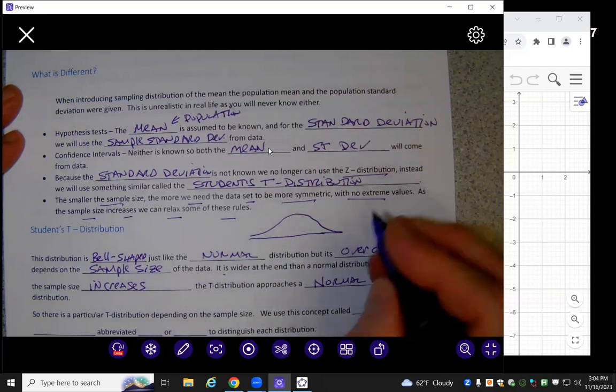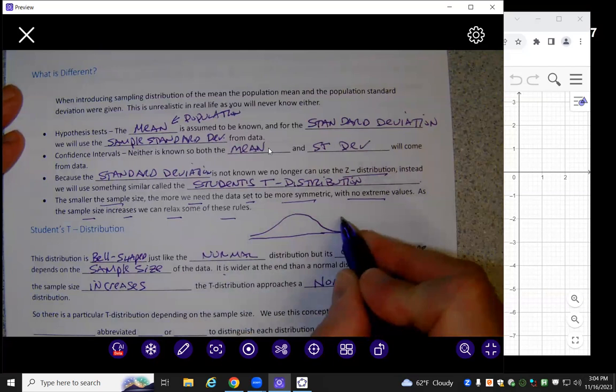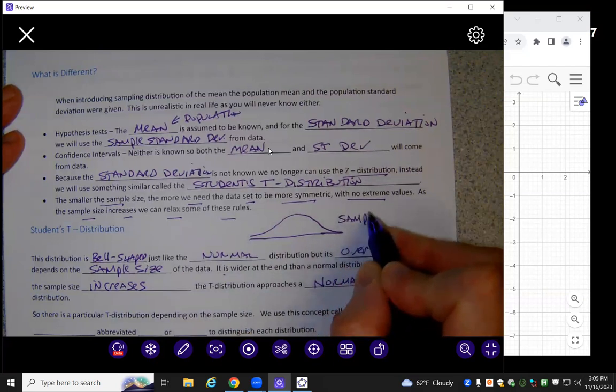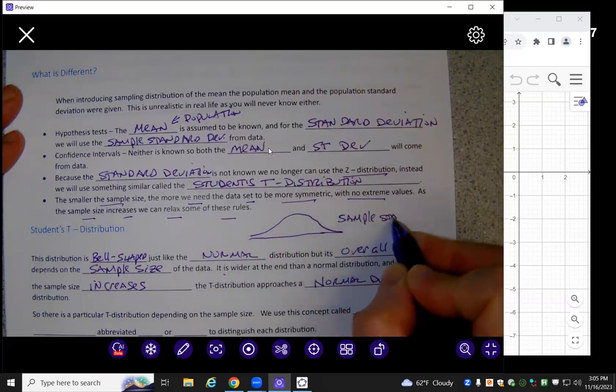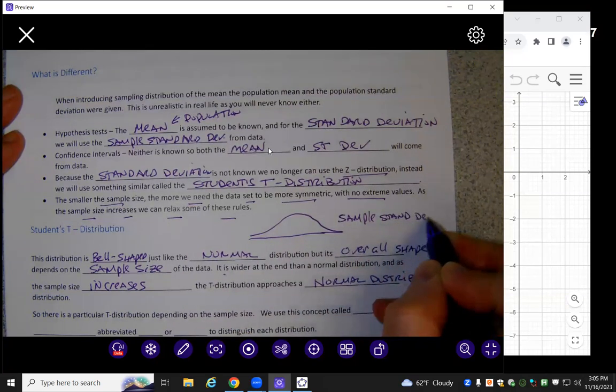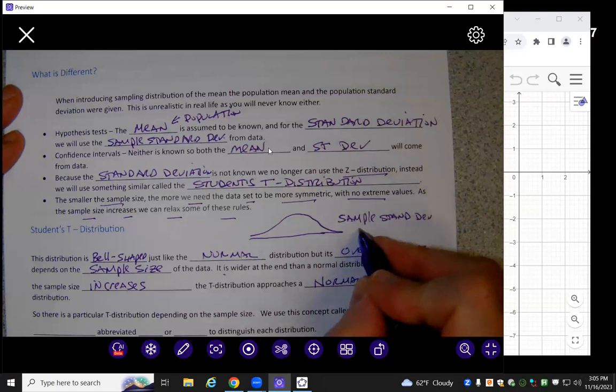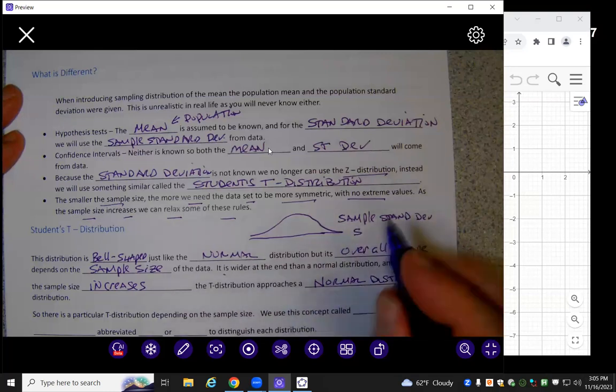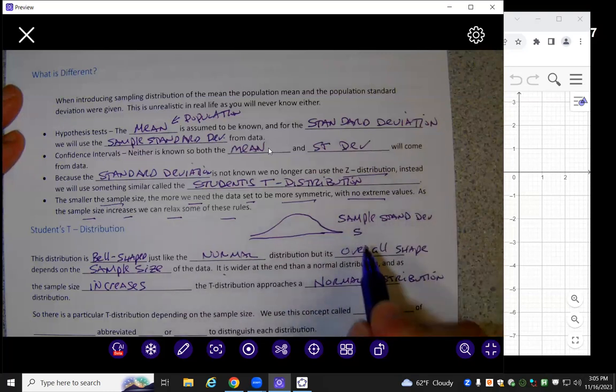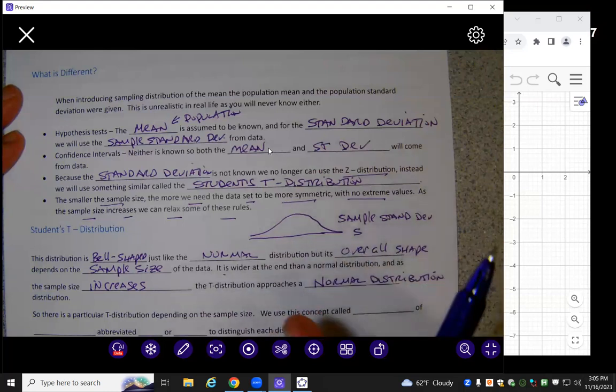Because we're going to have to use the sample standard deviation in our calculations. Remember, sample standard deviation is s. And when we do that consistently, you'll see that the data produces a larger value for s.